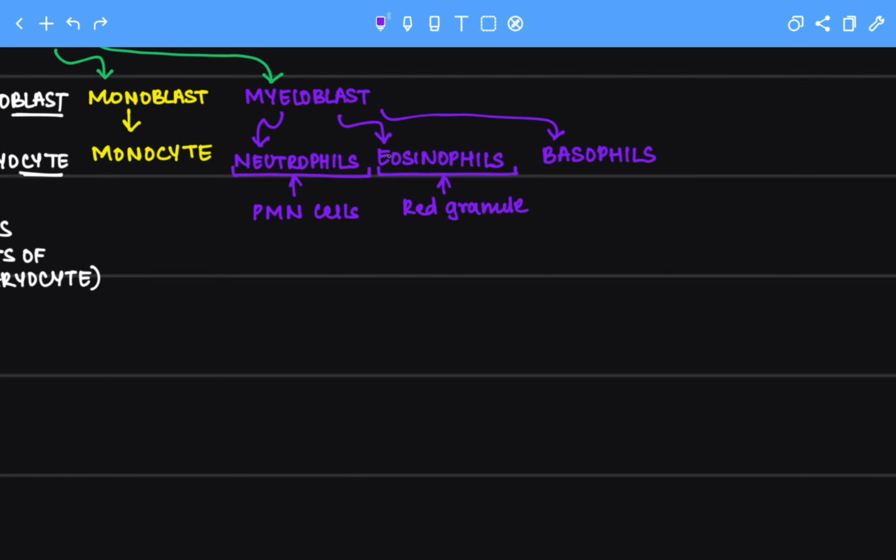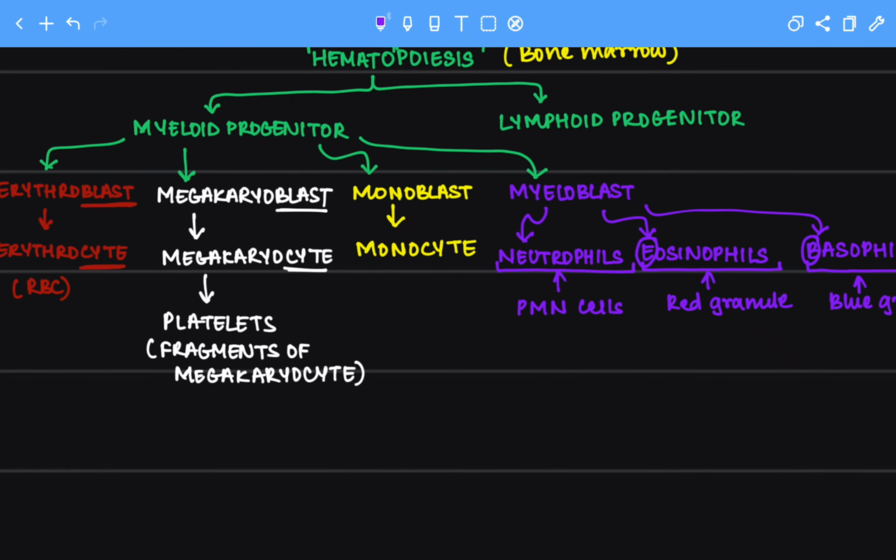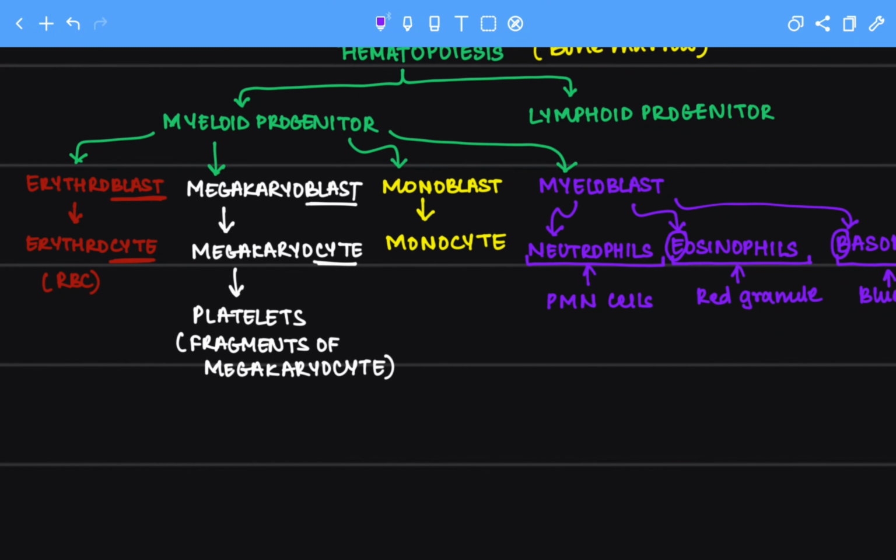A trick to keep that in mind is that eosinophil starts with E and erythrocytes also start with E, and both of them have something associated with red. Basophils have blue granules in them. B for blue, B for basophils. So these are the cells that we obtain from the myeloid progenitor cells.